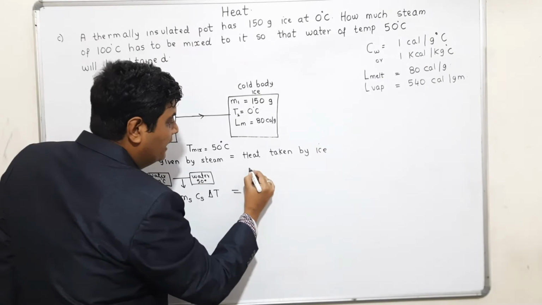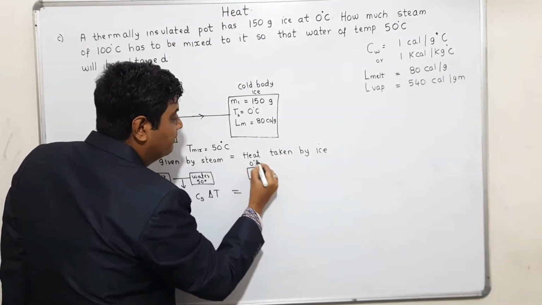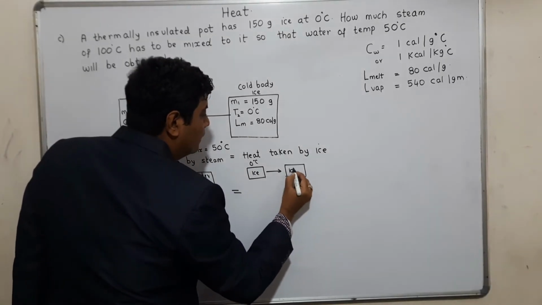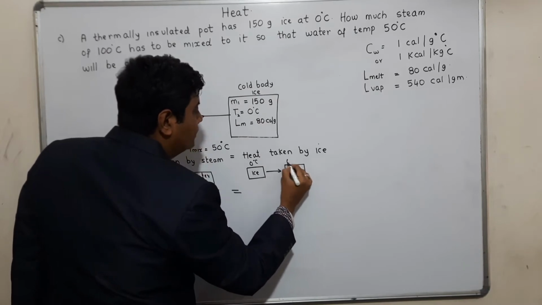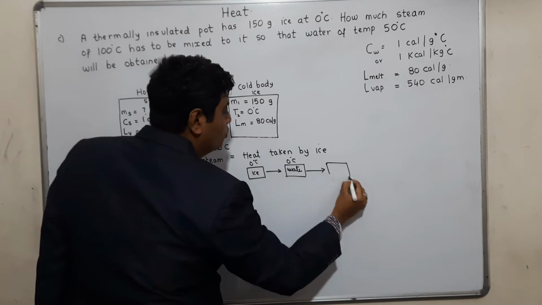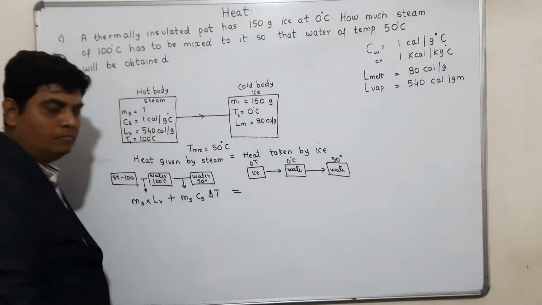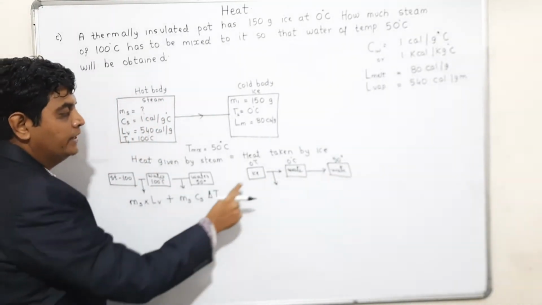What will happen for the ice? First ice at 0 degrees Celsius will get converted to water at 0 degrees Celsius, and then water at 0 degrees Celsius will rise to water at 50 degrees Celsius. So what will be the heat consumed over here?